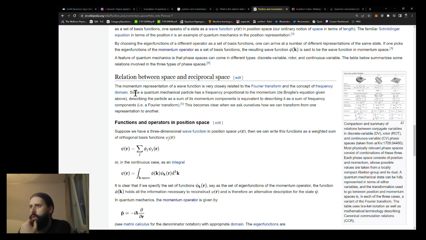So the quantum mechanical particle has a frequency proportional to the momentum. Is it really just this?